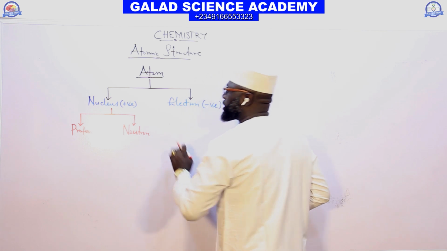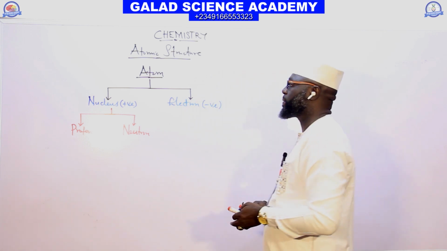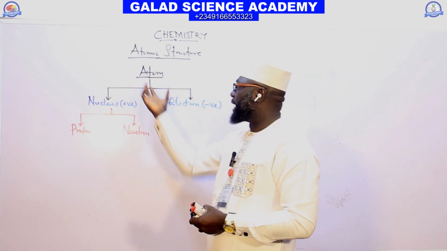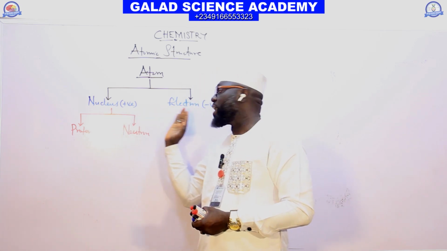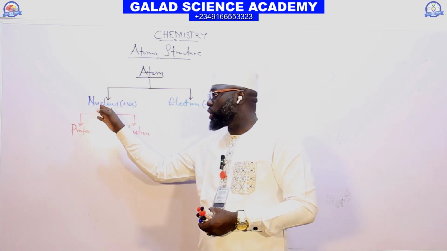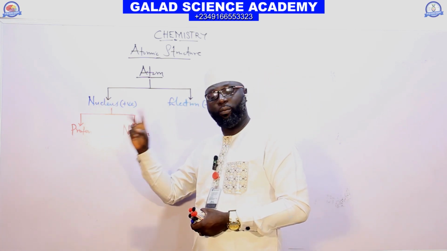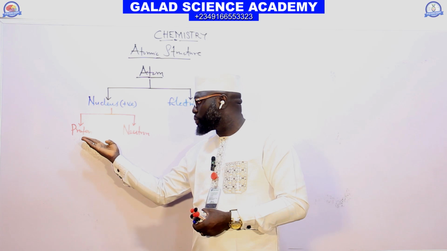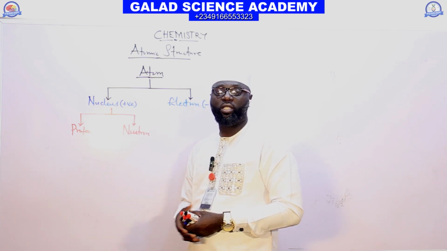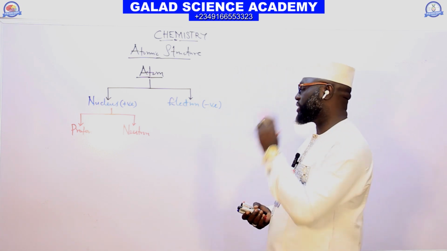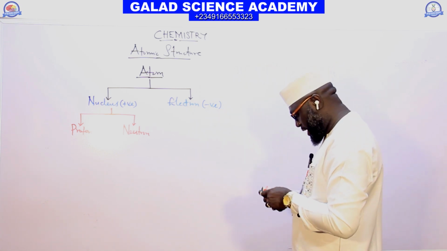The neutron has no charge. So inside the atom, we have a positive nucleus at the center, and electrons orbiting the nucleus. The nucleus comprises two particles: proton, and neutron, which has a neutral charge.